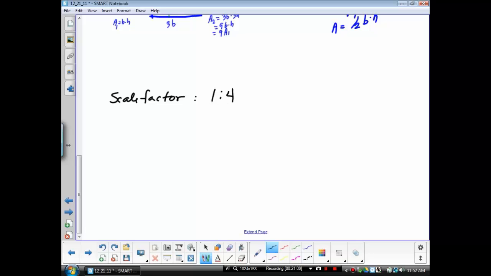Their question, what's the ratio of perimeters? Yep. And what's the ratio of the areas? What do we do to find the ratio of the areas if we know the scale factor? You square them. So 1 squared to 4 squared, which is 1 to 16.